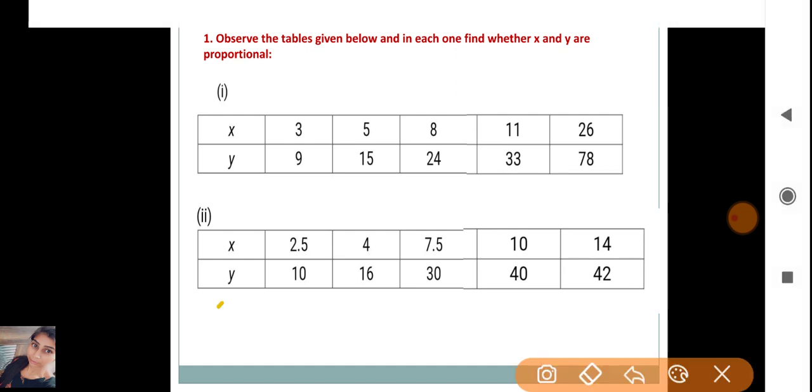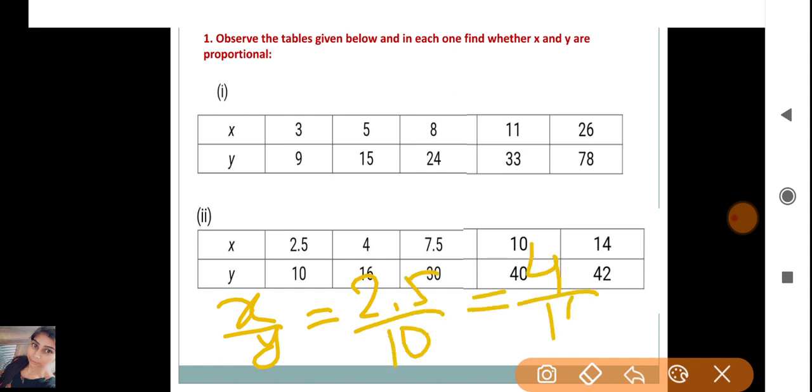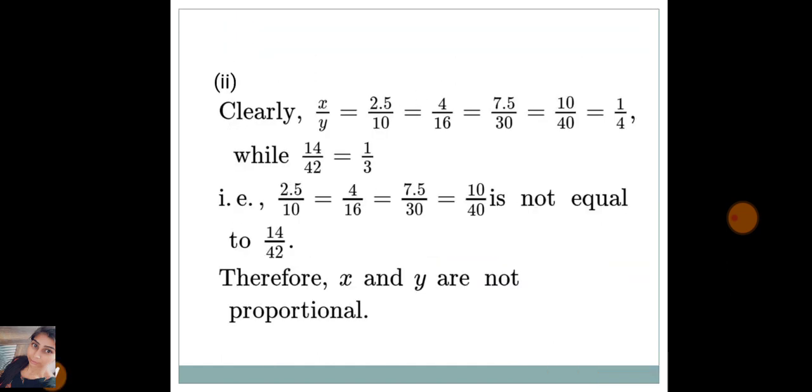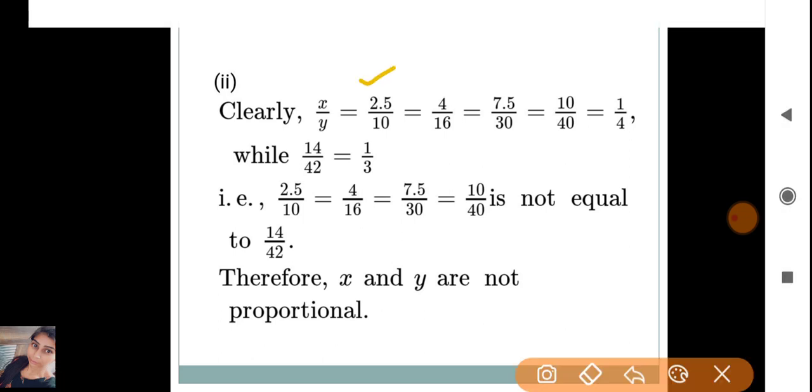Again, for the second number also, for all x by y, I'll write this is 2.5 by 10. Next is 4 by 16. In the same way, I'll write for all. So let us use this different page. So just see here, I've written this x by y, and the first value x by y, second, third, fourth, fifth. Now just check for each value of this whether I'm getting same number or not.